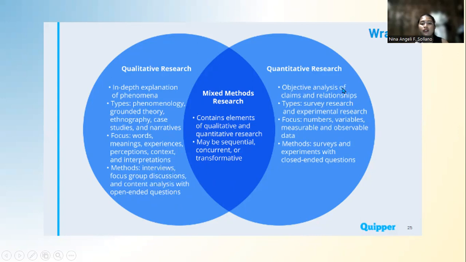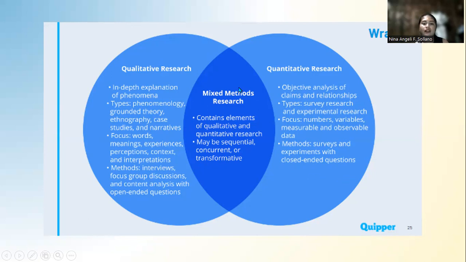And in quanti, so objective analysis of claims and relationships, survey research and experimental, and of course, numbers, variables, measurable, observable data. Okay, surveys and experiments with closed-ended question.